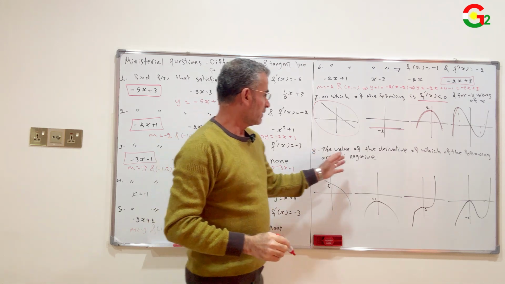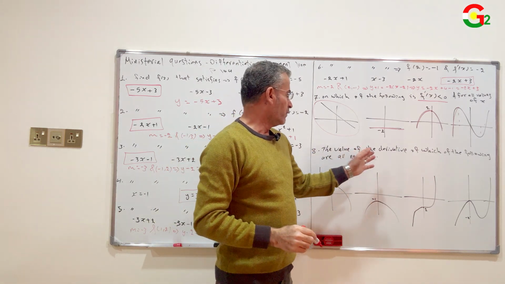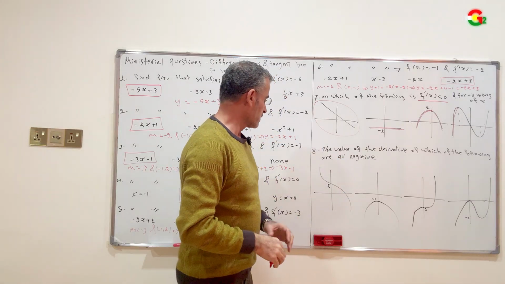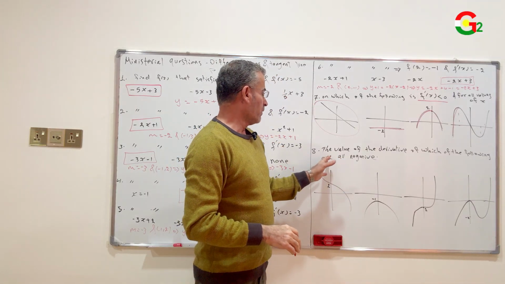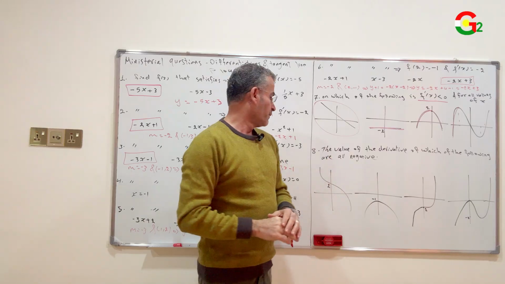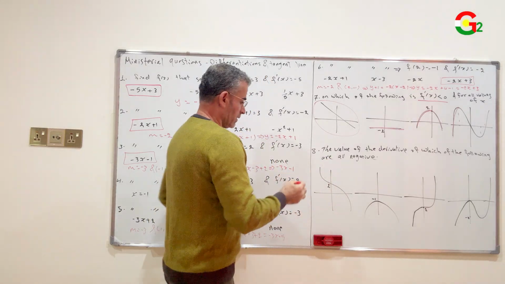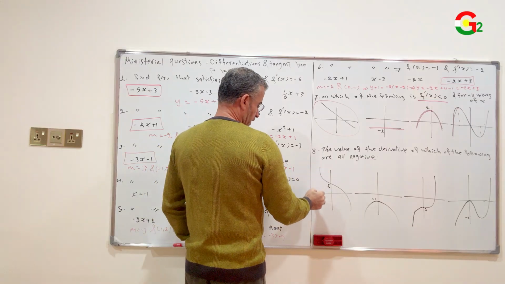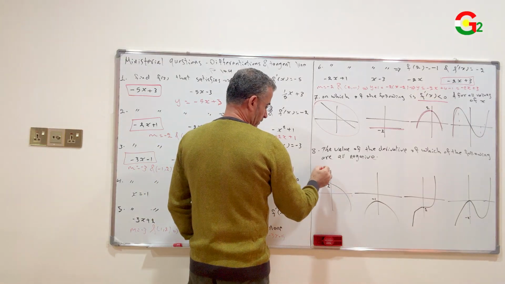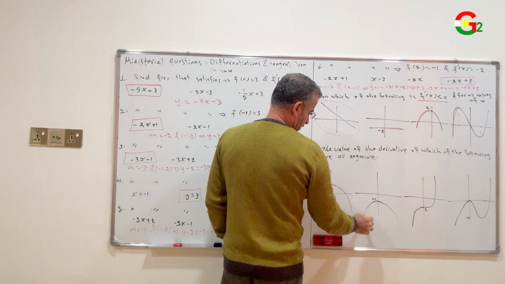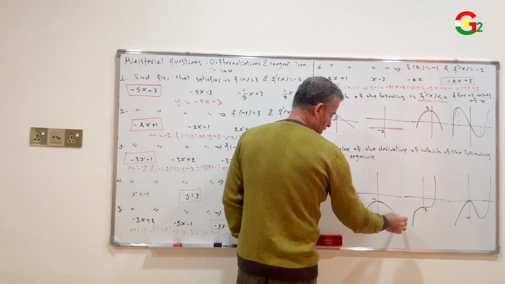The values of the derivative of which of the following are all negative? Also the same as the previous question. We want the value of the derivative to be negative at all values of x, then the function should be decreasing. This function is decreasing from negative infinity to positive infinity. Take this direction, but this function is increasing, then decreasing.